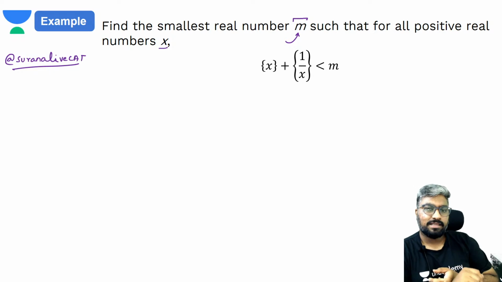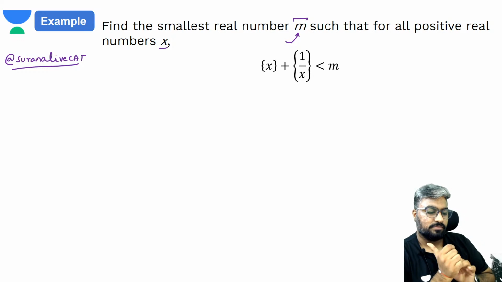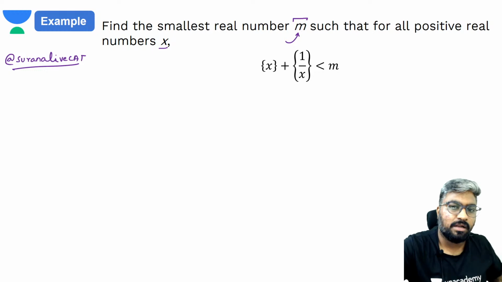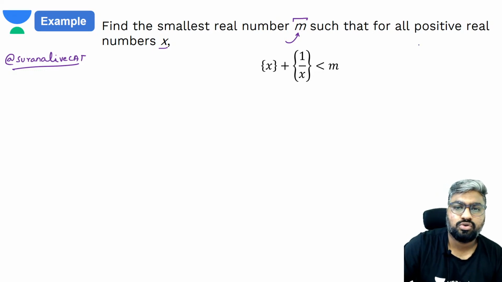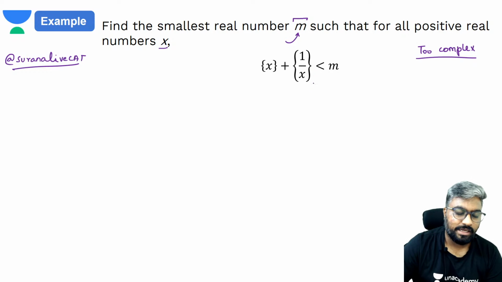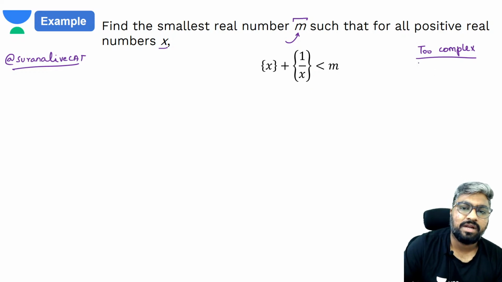Right. Anyone answer for this? So the problem with this question is it is too complex. The only thing that could have helped us would have been answer choices, correct?